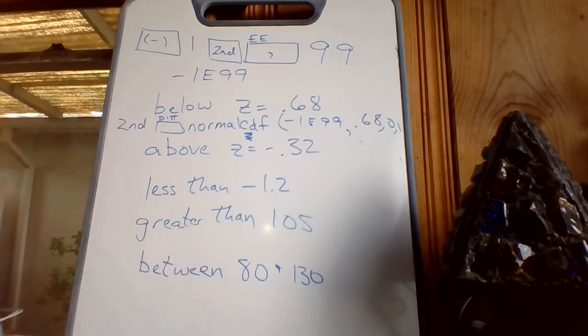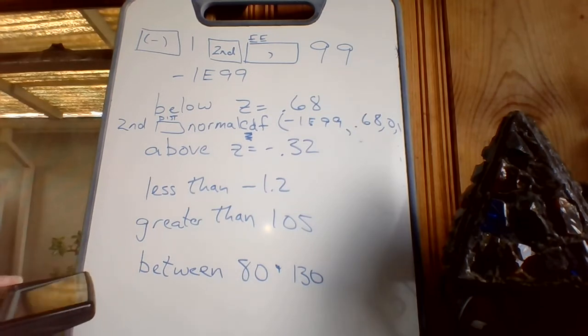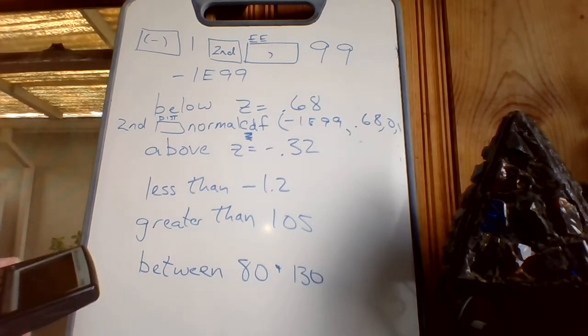When we get down here, we'll say what happens when the mean and standard deviation change. But for all these first problems, mean is 0, standard deviation is 1. Put all that in. Negative 1E99, comma.